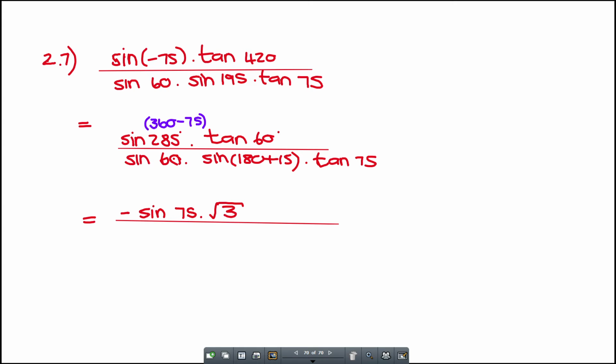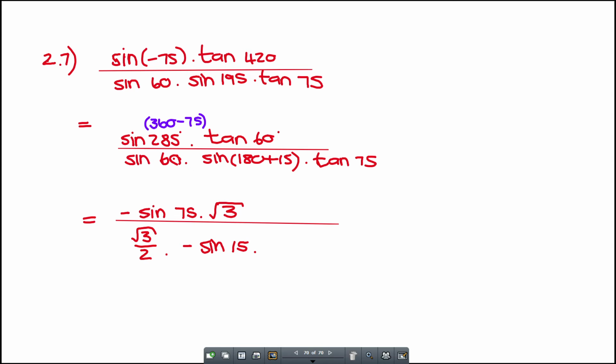Nee. Okay, dan sin 60, if I use my special angles again, that's going to give me square root 3 over 2. Okay, dan sin 180 plus 15, the 180 plus places me in the third quadrant, en daar gaan sin wees negatief. So ek gaan hê minus sin 15.